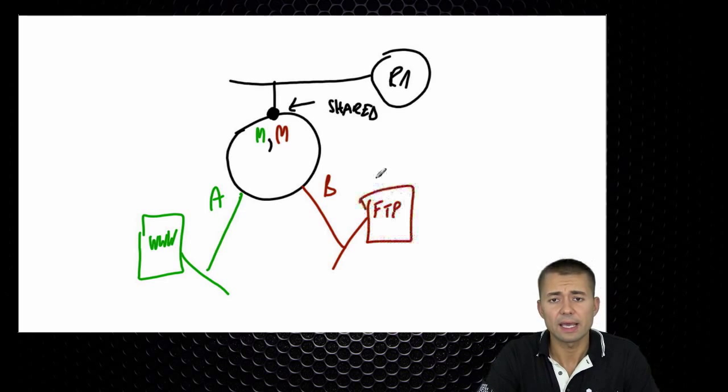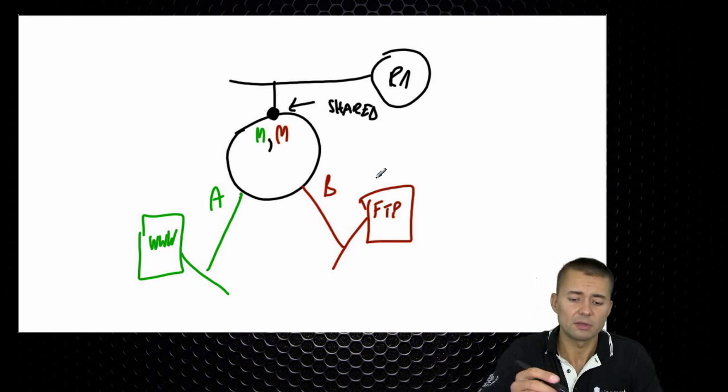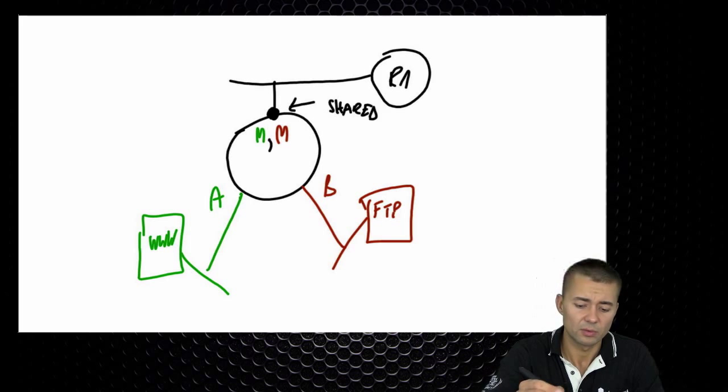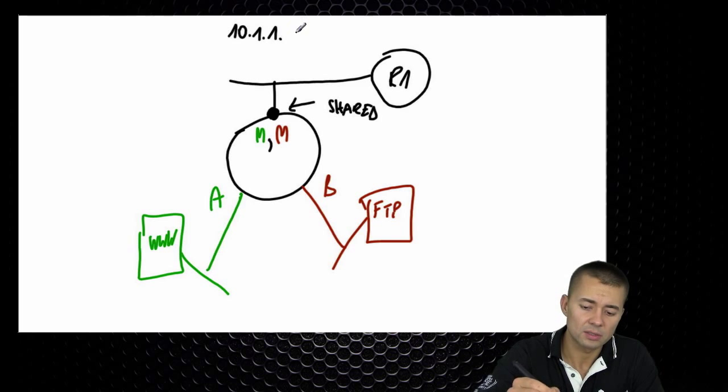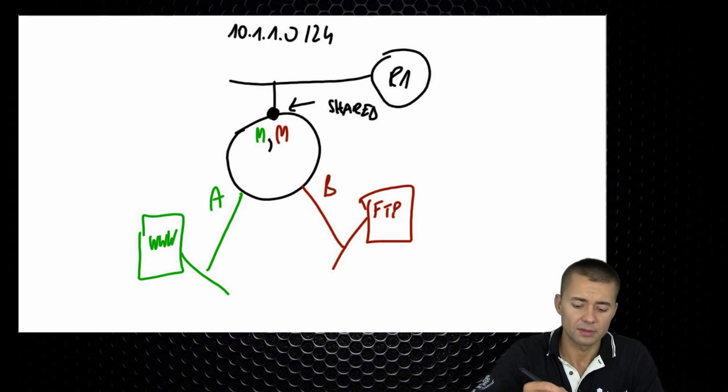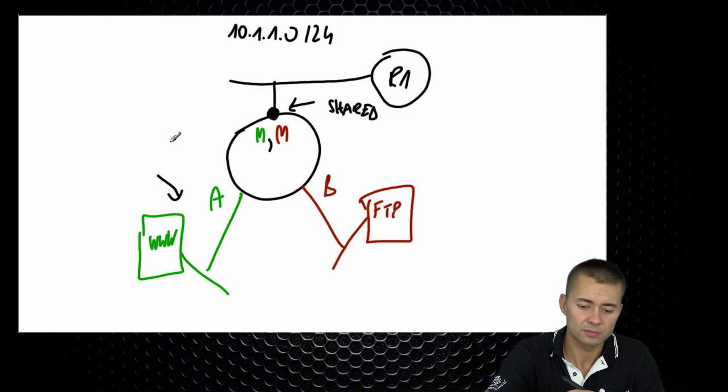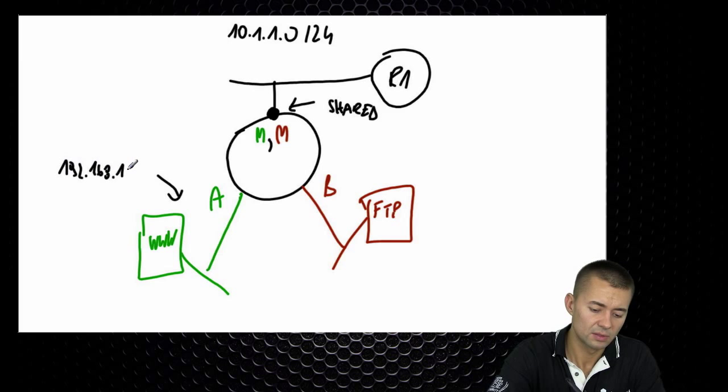You may create a translation for the whole subnet. Typically, this is going to be a static translation. But the logic here is that once the translation is done, let's say that we are using 10.1.1 on the outside, and this is going to be 192.168.1/24.